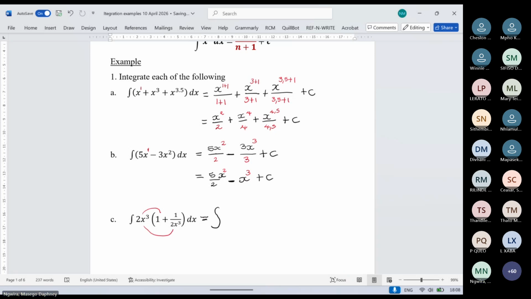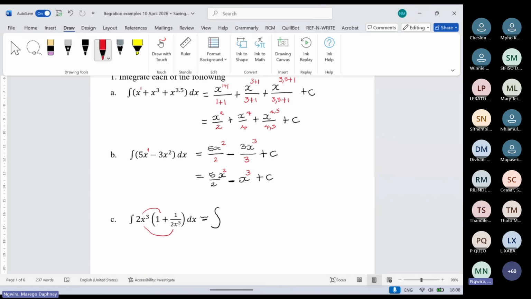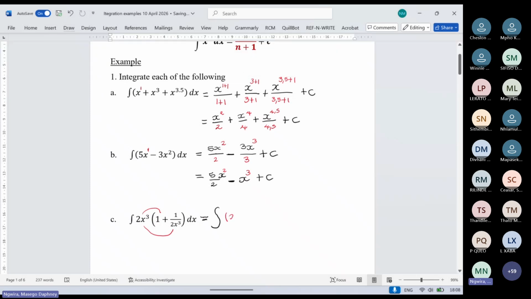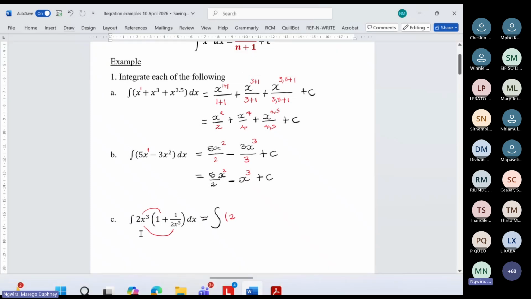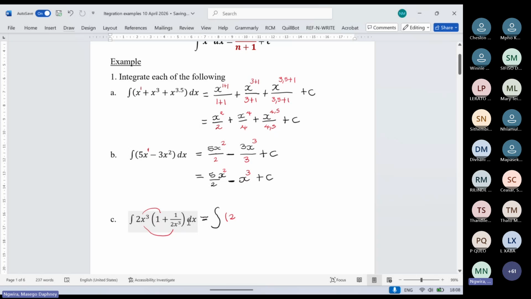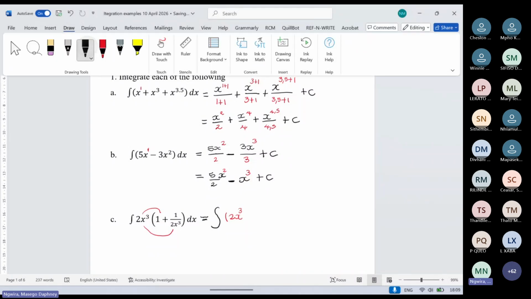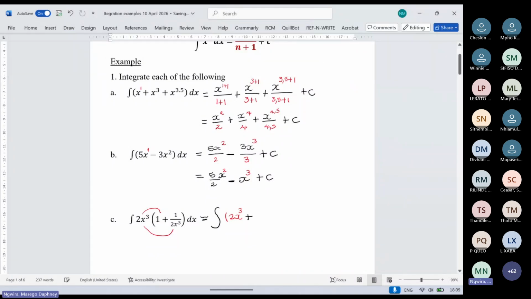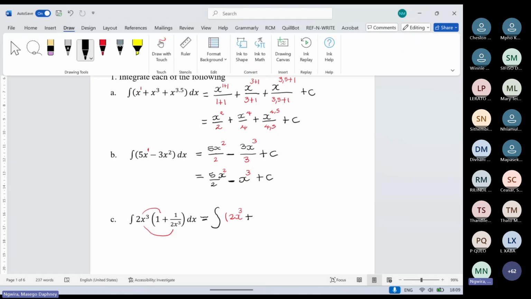So when I multiply, I am going to have 2x to the power of 3 times 1, it's the same thing, it's 2x to the power of 3. And then plus. And then now, when you multiply, let me just write it on the side first so that you can understand.